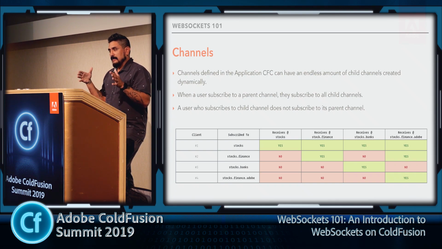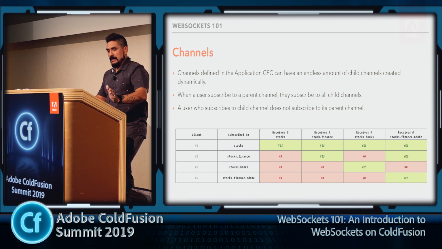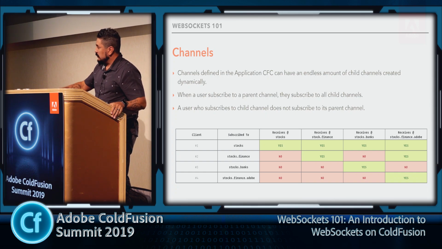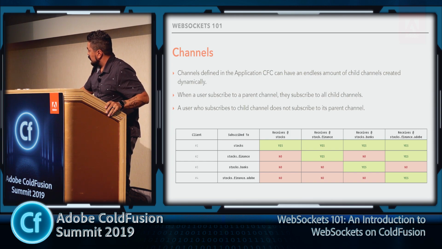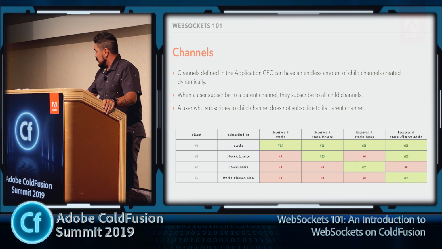So the way you see it is if you're from the top, you view everything, and then everything kind of silos down. The third only gets it from the stocks.banks channel, and the last client is subscribed to stocks.finance.adobe, so they'll only get messages inside the stocks.finance.adobe channel.